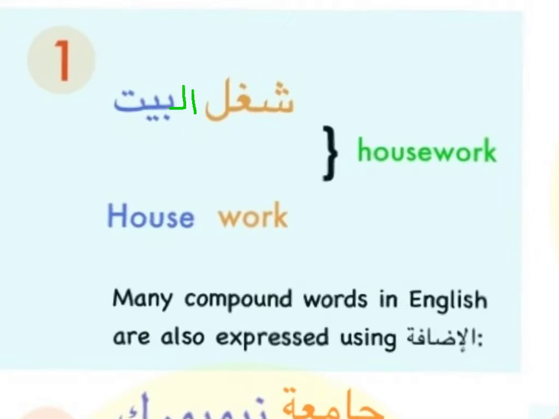Notice how البيت takes ألف لام. Alif lam is a definite article, kind of the equivalent of the, and it defines the word شغل. So first we had work, any kind of work, and then it gets more specific with البيت. شغل, what شغل? شغل البيت.